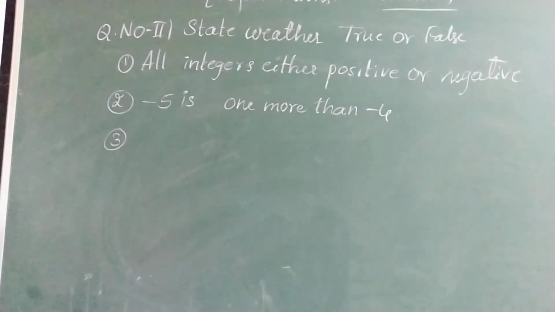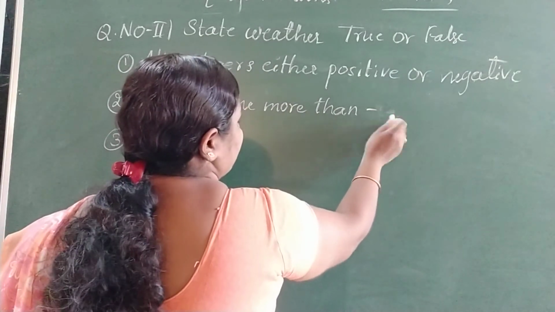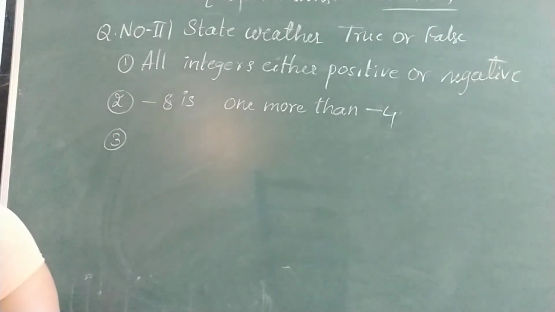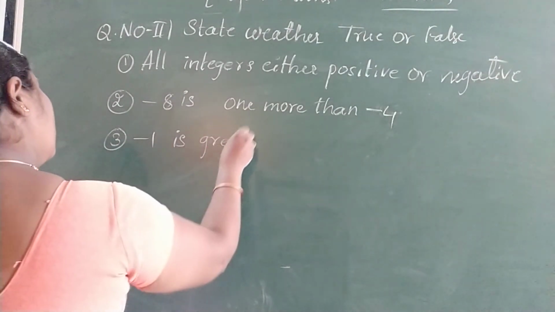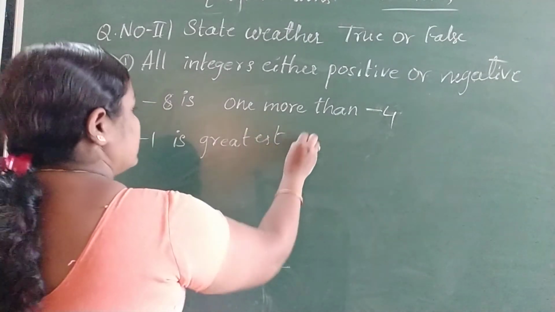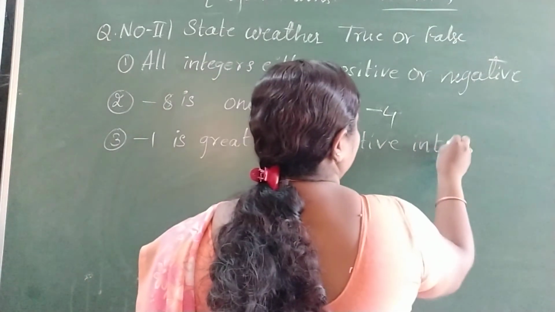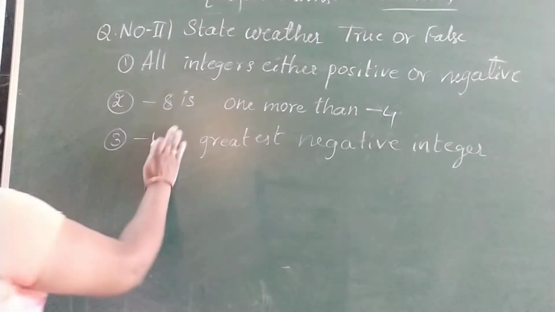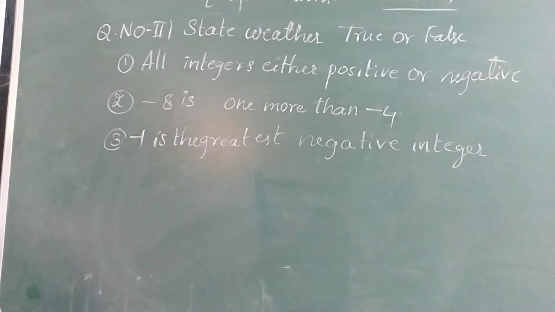Third, minus 8 is 1 more than minus 4. Minus 1 is the greatest negative integer.